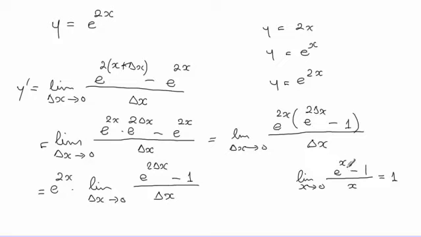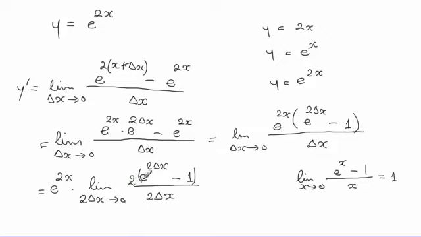So to make that compatible with this kind of situation, so we can conclude this limit, we need to accelerate this by 2 and also multiply the denominator by 2. And when we have done that, we also need to accelerate here by 2. Once we've got that, we see that 2 does not depend on delta x.